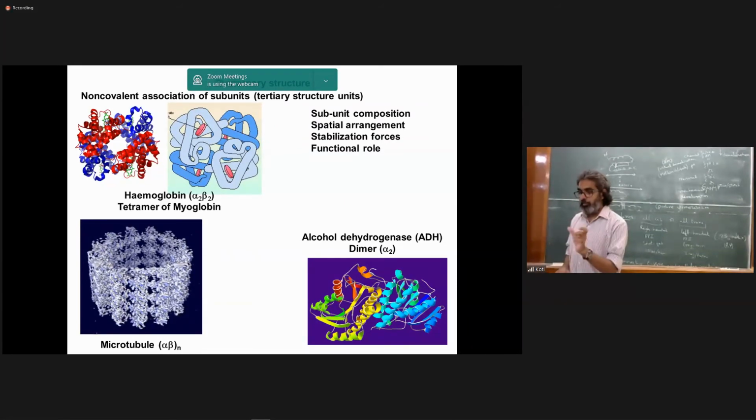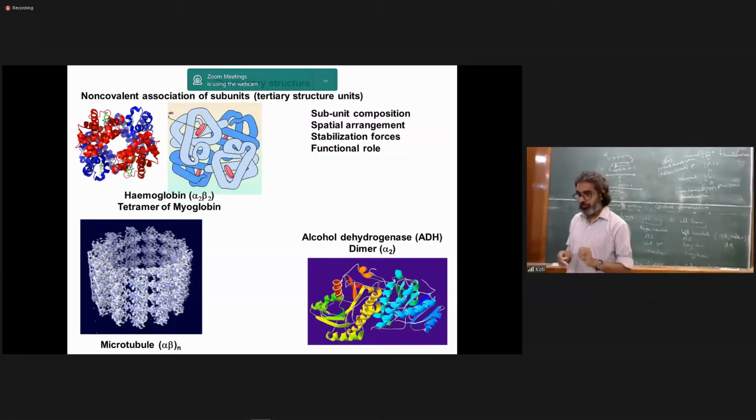In hemoglobin, 4 myoglobin molecules come together and form a tetrameric unit in a certain fashion, and the function of hemoglobin is very central to this assembly of 4 subunits in a specific orientation. So these are called quaternary structure. We are going beyond tertiary structure.